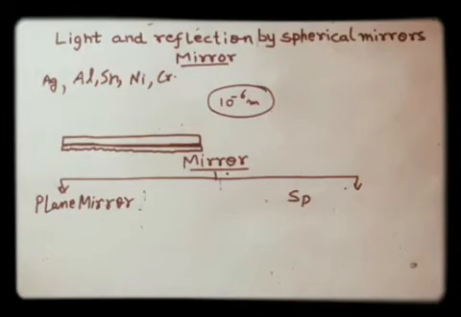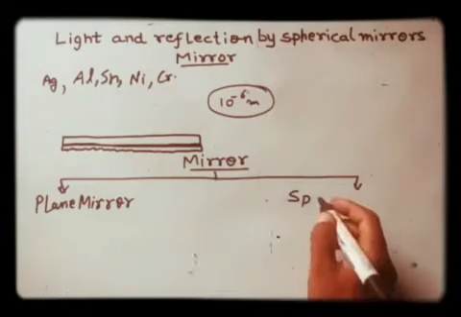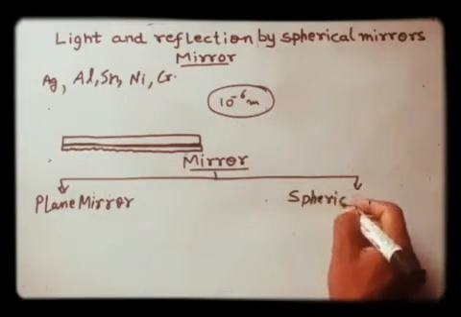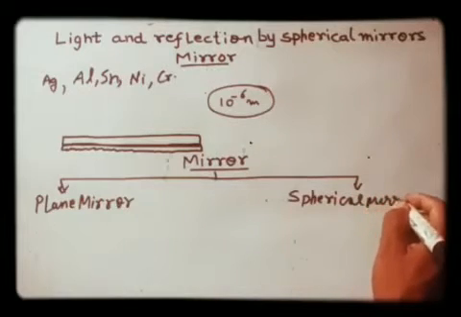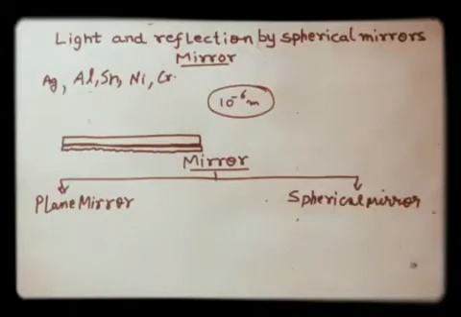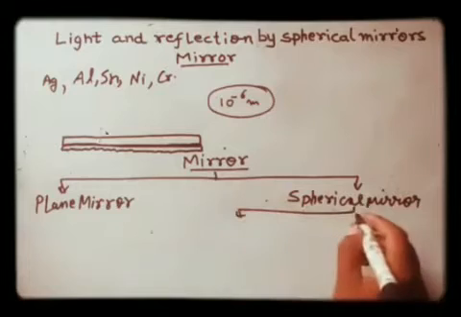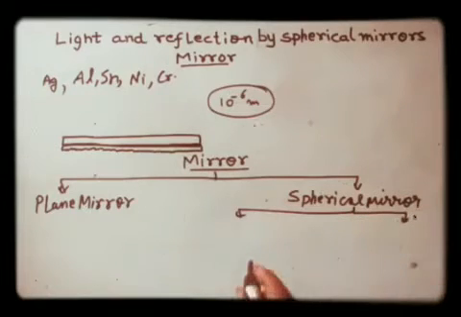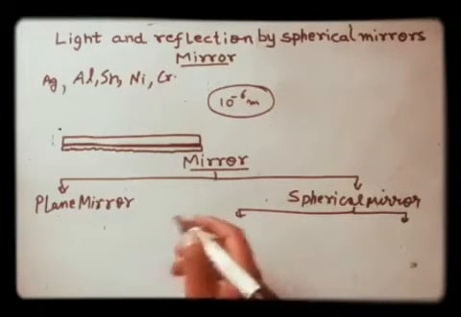But once again, I don't want to make confusion here, because these are not included in your syllabus. Only plane and spherical mirror are there. I will cover many kinds of mirrors in my upcoming videos, so be connected.